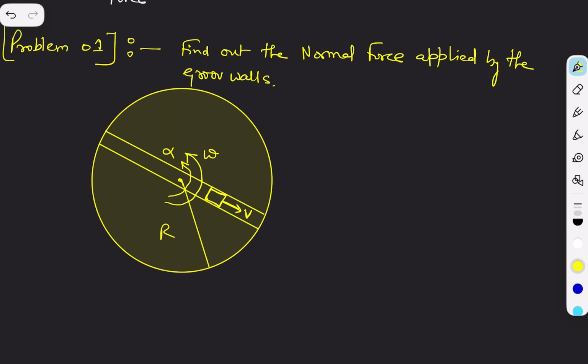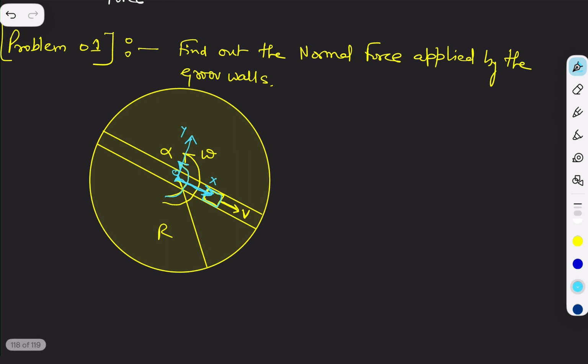In this case, if we sit in this frame, then I think we can picture what would be happening. Let this be my x-axis and this be my y-axis, and my eyes are continuously watching this block. I would also be rotating with this omega, and I would also have the same acceleration that the disk is having.